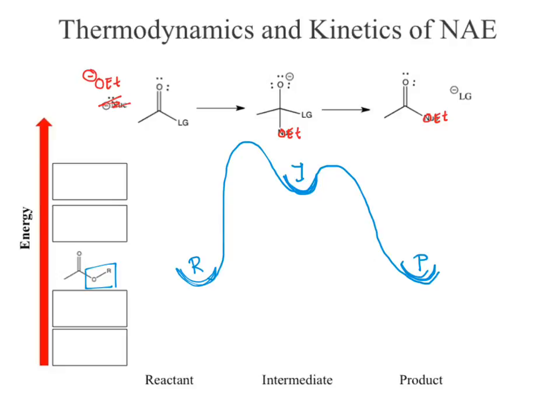So I'm not improving my product yield. If I increase one of the reactants, then why would I start to produce more products? Le Chatelier's principle. So if I want this reaction to produce more products, I can increase one of my reactants, either the ethoxide or my starting ester, to help push to produce more products.